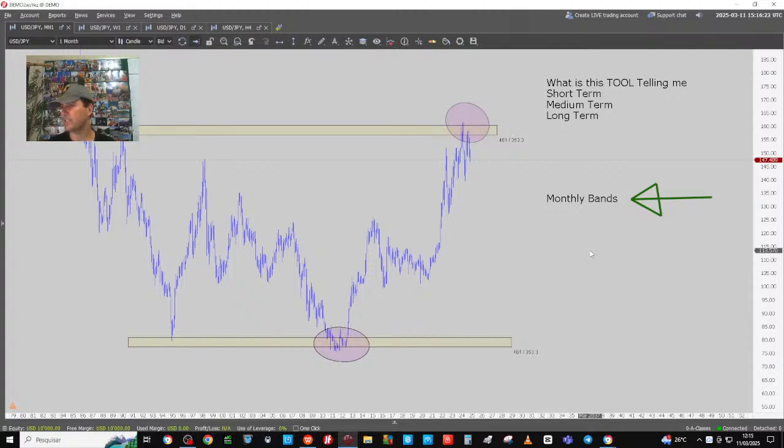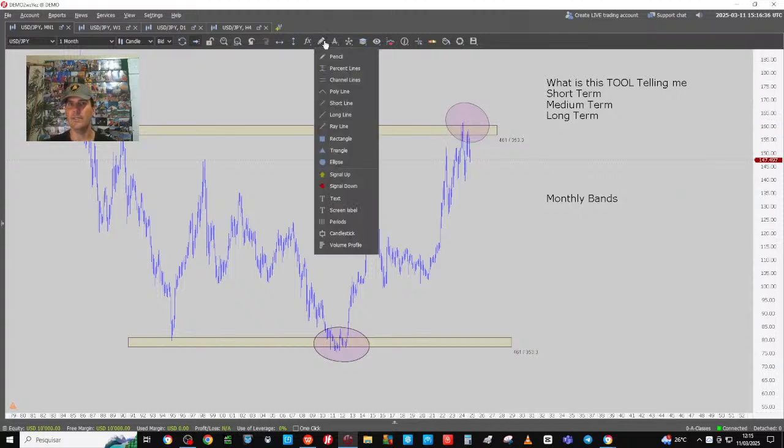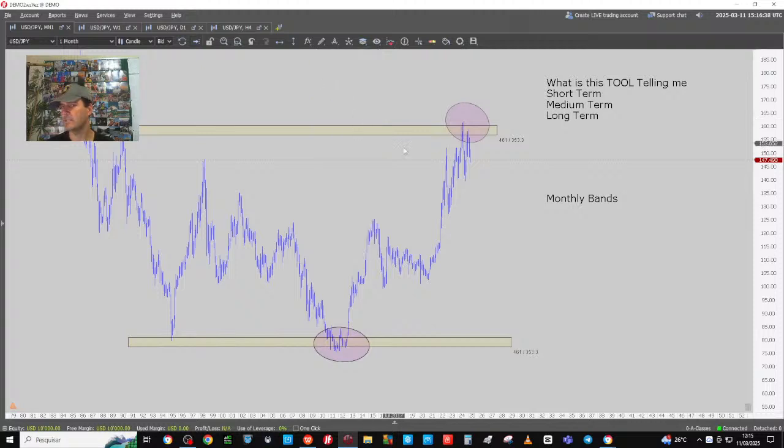Shantana is saying, oh, start at the upper band. Everybody talk to me, okay? Do we agree that the monthly bands are telling us that the long-term bias on the Forex market, this is specific to the Forex market, the long-term bias is down, agreed?